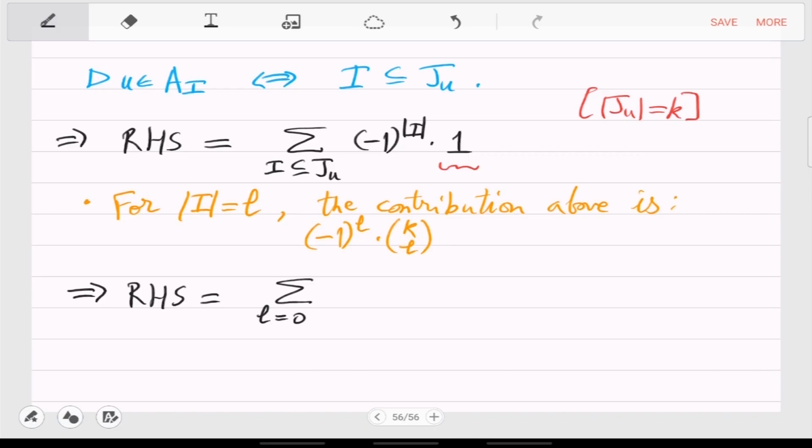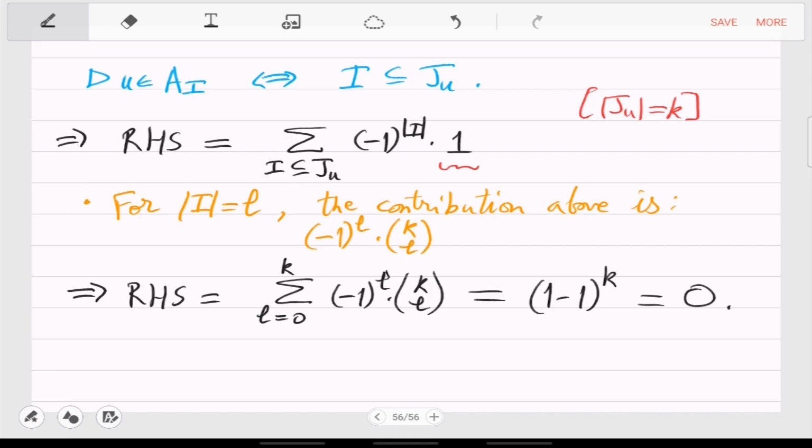L goes from 0 to k, all possibilities, (-1)^L times k choose L. And what is this? By the binomial expansion, this is actually (1 - 1) raised to the power k.